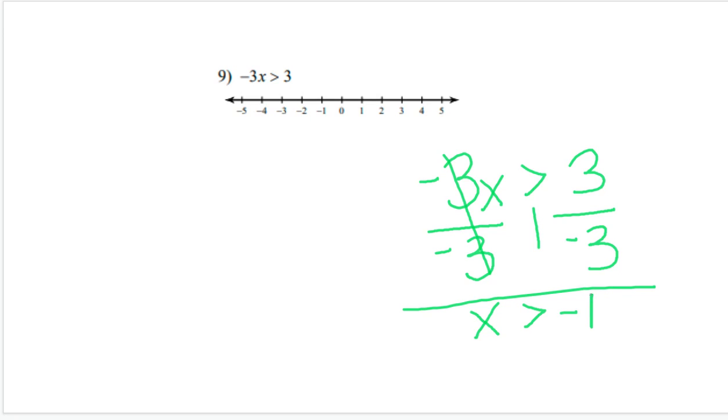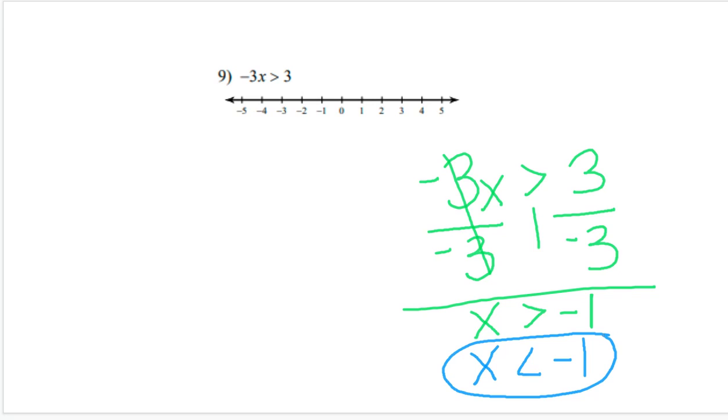But remember, because we divided by a negative number, in order to make our inequality true, I need to flip my sign. So then this would be our final answer. So I'm going to go ahead and graph.